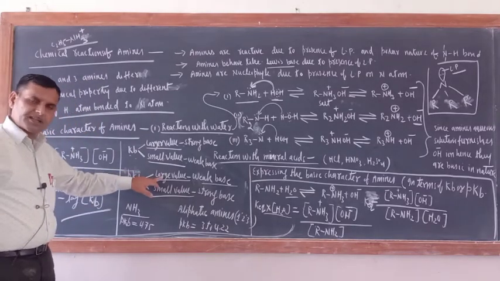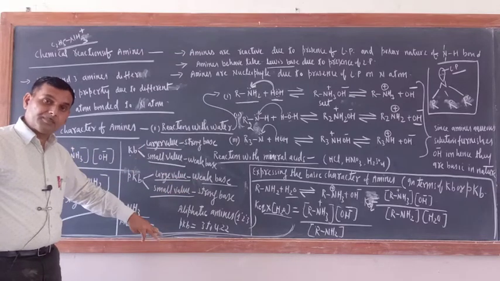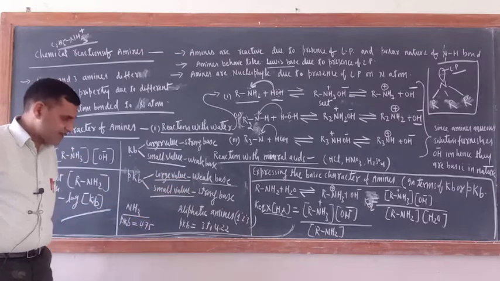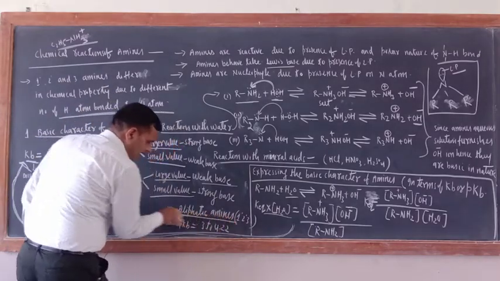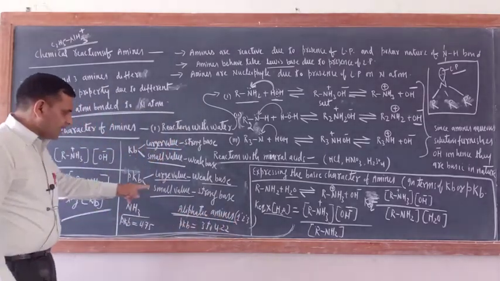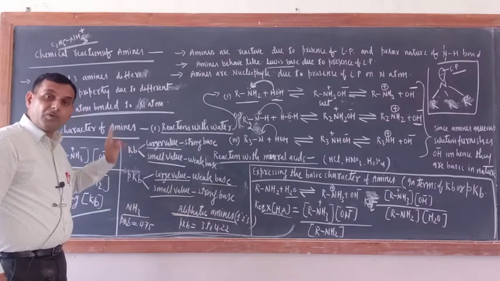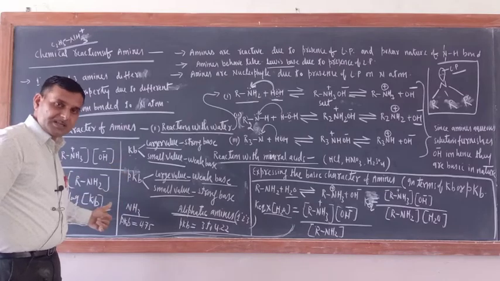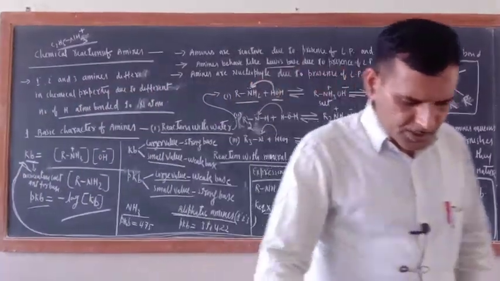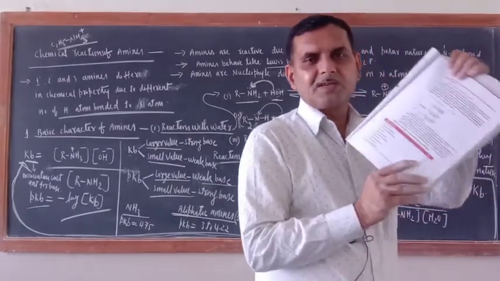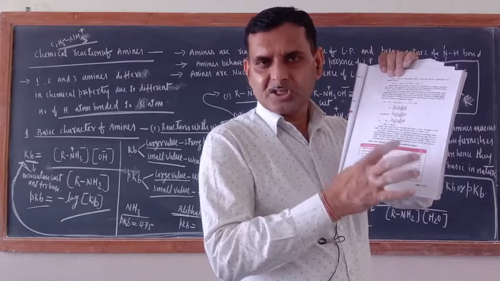Larger the pKb value, weaker the base; smaller the pKb value, stronger the base. So aliphatic amines are stronger bases than ammonia. Why aliphatic amines are stronger bases than ammonia, we'll discuss tomorrow. The pKb values are given in the NCERT book, you can check yourself.